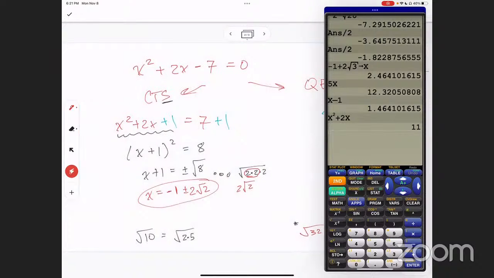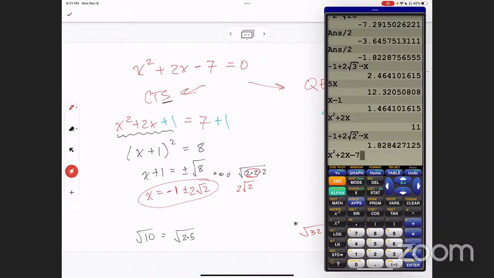I'm going to store negative 1 plus 2 square root of 2, the other answer, for X. And now I'm going to type in what I had at the beginning. And what should I get when I type that in? No, I'm going to type the whole thing in.